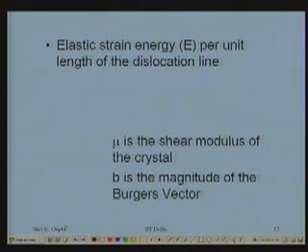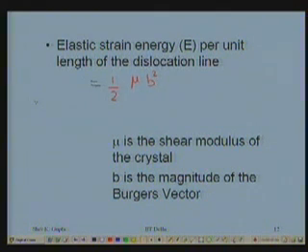I consider elastic strain energy and work out the model. Just simply say the energy per unit length of the dislocation line is 1/2 mu times the magnitude of the Burgers vector squared, right?